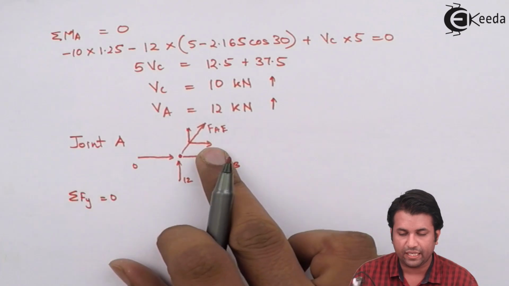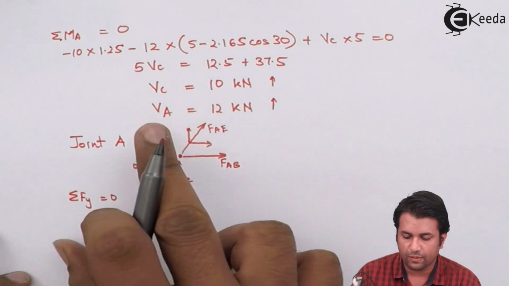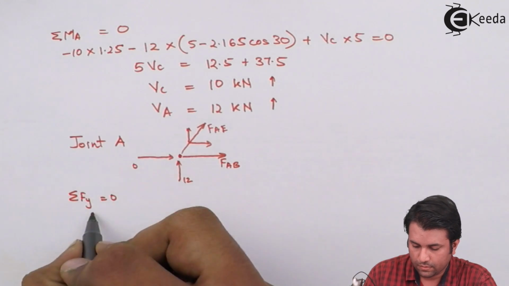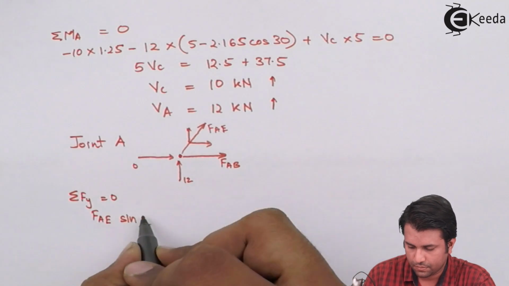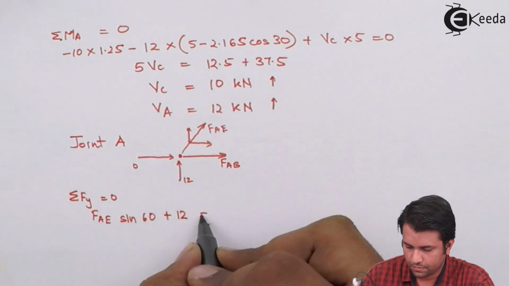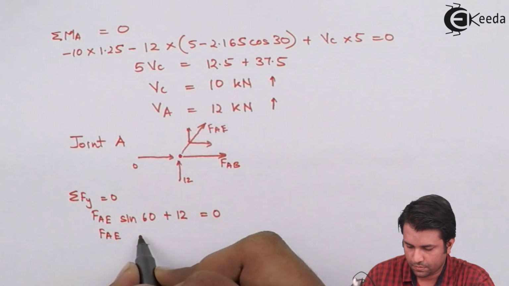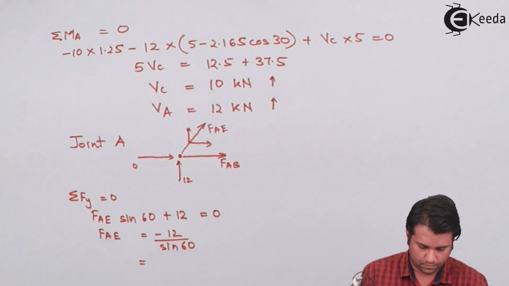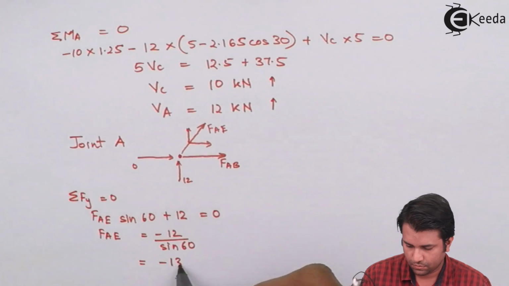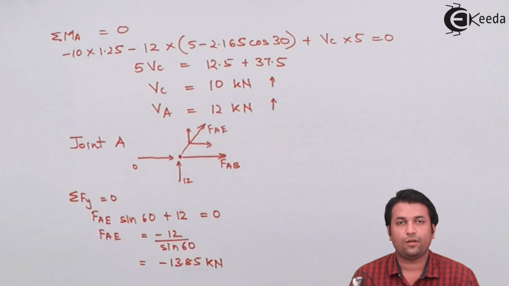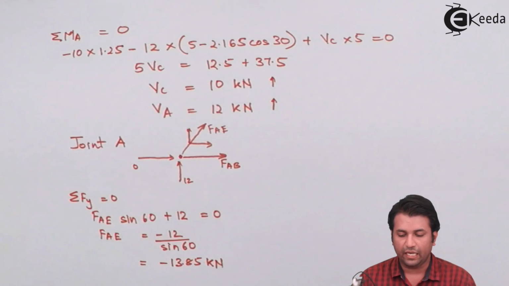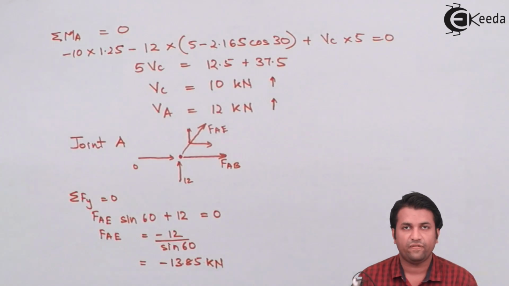So this would be FAE cos 60 and this will be FAE sine 60 degrees. The value that I'm getting for the force in the member AE is 13.85 kilonewtons.